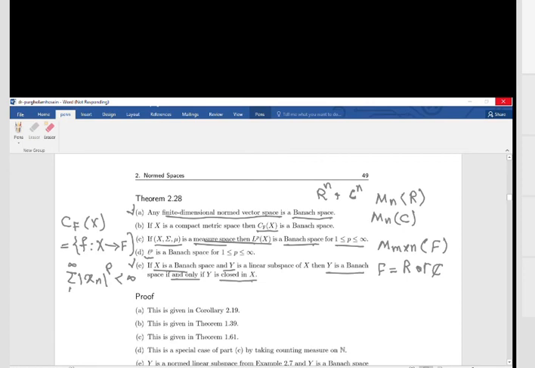So any closed subspace of a Banach space is also a Banach space.